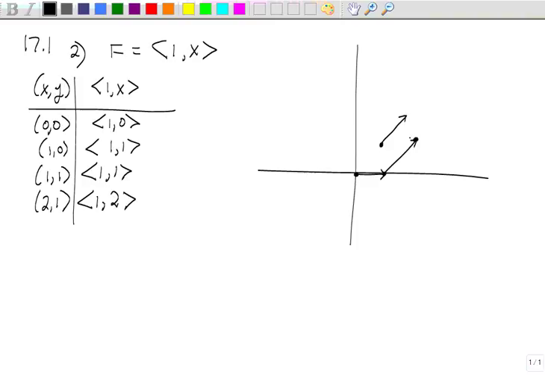So the point (2, 1), we're going to go over 1 and up 2.